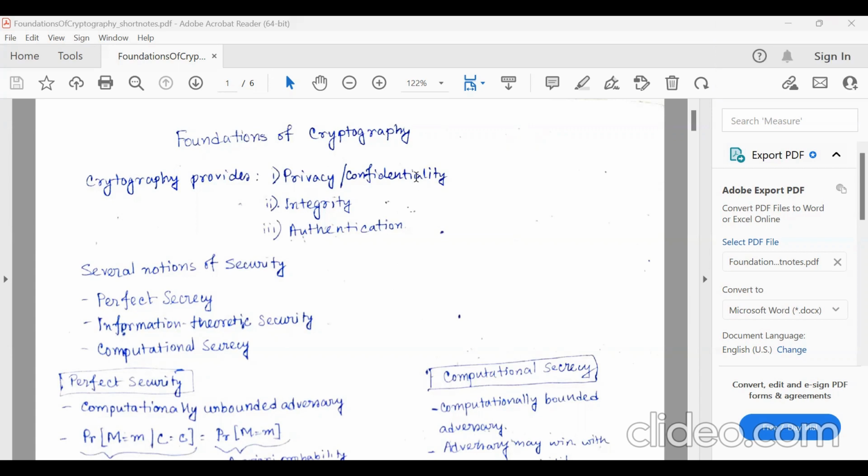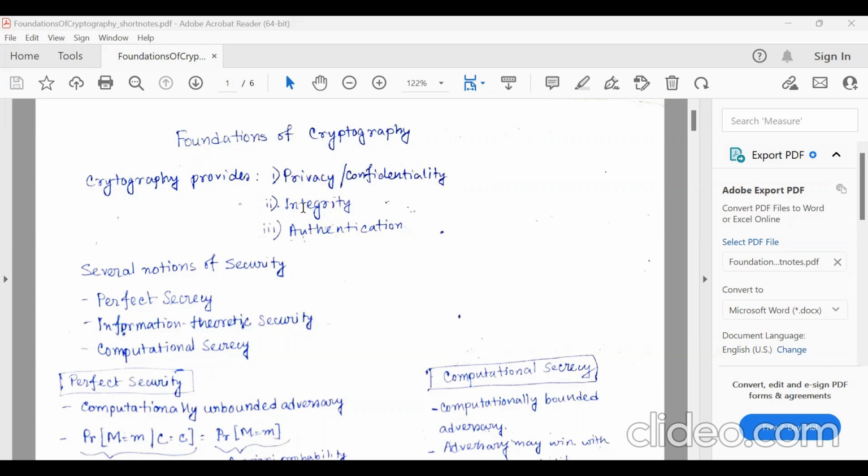Basically, through cryptography, there are three main objectives we want to achieve. The first is privacy or confidentiality of data. Data is being communicated over a public channel, so you need to maintain confidentiality of that data. Second is integrity. While being communicated, data should not be perturbed by any malicious party.